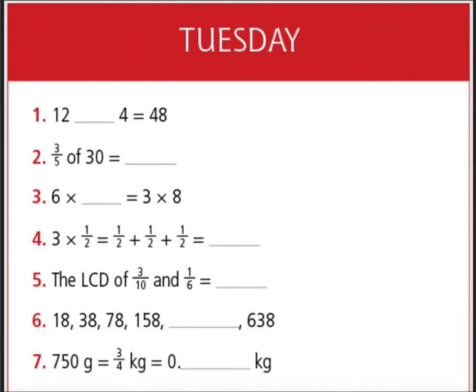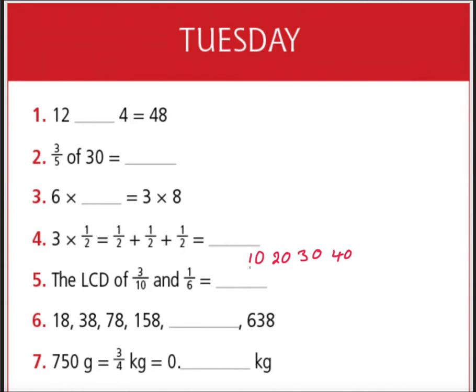Number 5, we are looking for the LCD, which is the lowest common denominator of 3/10 and 1/6. So what we need to do is write out the multiples of each of these numbers. So we're going to go 10, 20, 30, 40.